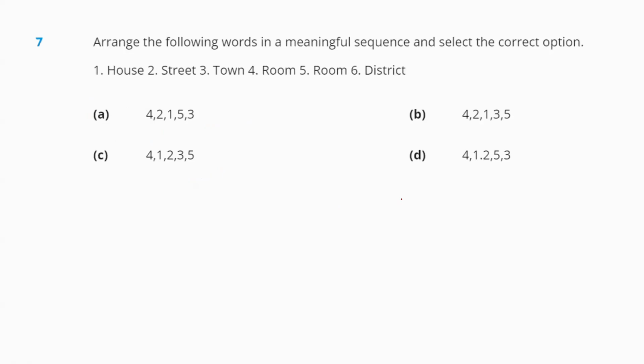Arrange the following words in a meaningful sequence and select the correct option. Fifth is district. So firstly, as we see that every option has 4 at first position. So first will be 4, that is room. Rooms are present in house.